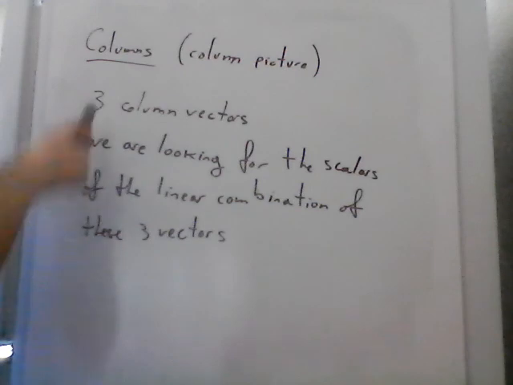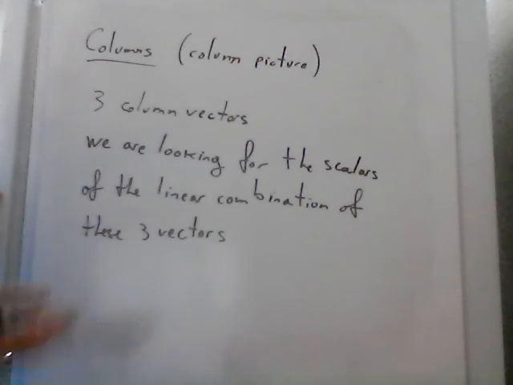But remember that these 3 column vectors can have many components depending on the number of equations that you have. So these 3 vectors can be in the plane, in the 3-dimensional space, or in the 4-dimensional space, depending on how many equations you have.